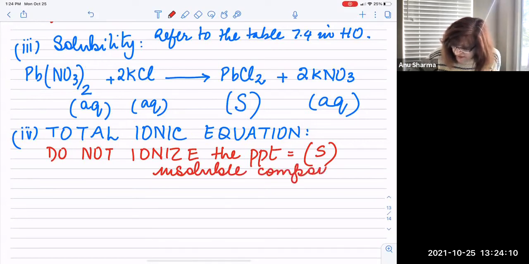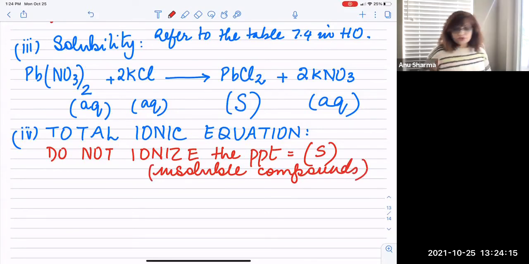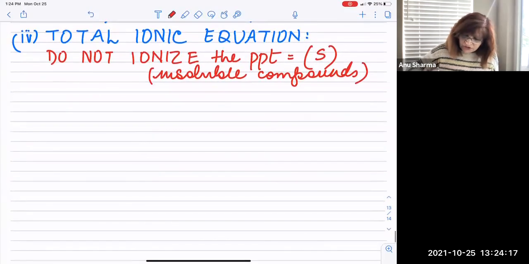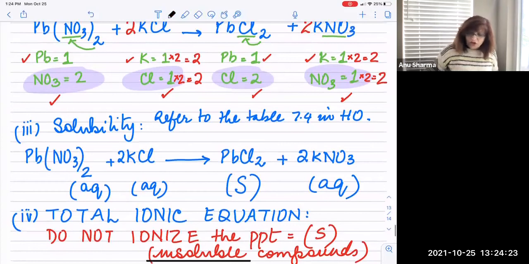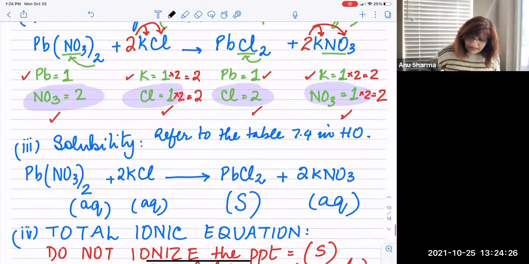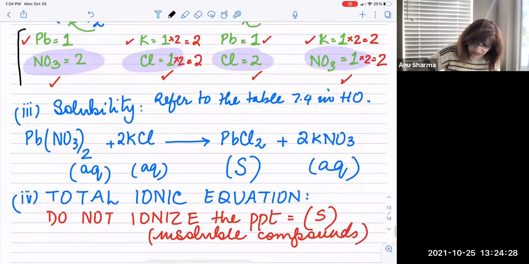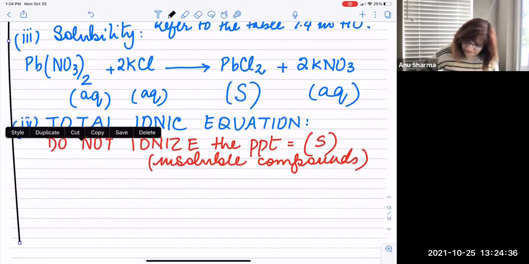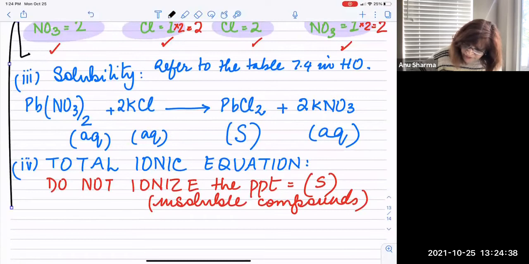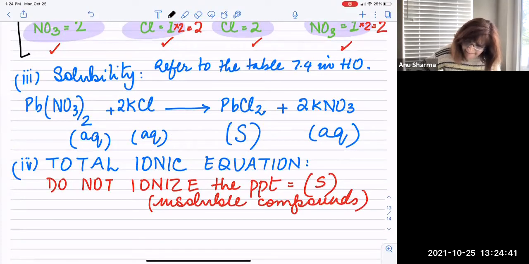If they are insoluble, that means they will not ionize. That is why they are insoluble. So now we are going to ionize. It looks like a lot, but really once you do the balancing, it becomes easy. Now you can start putting the charges.